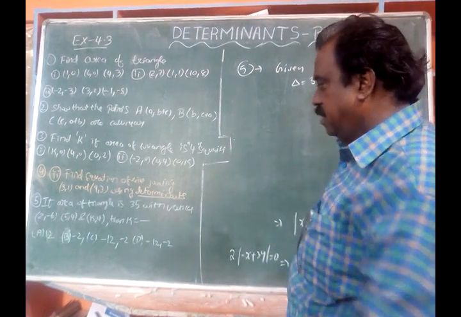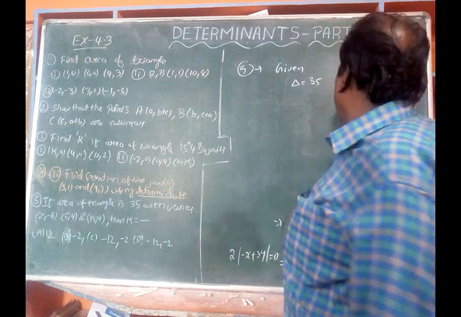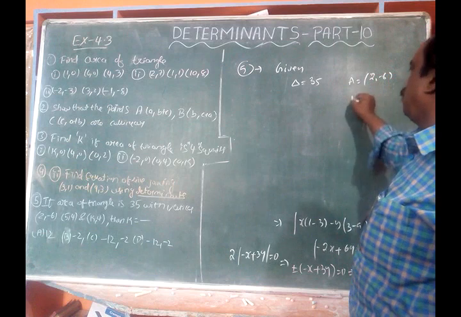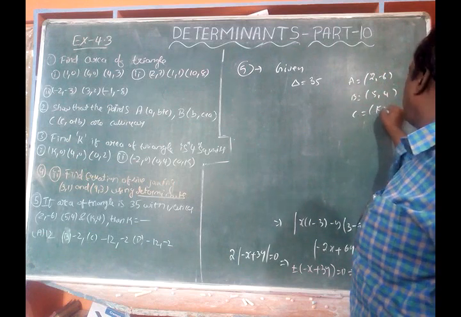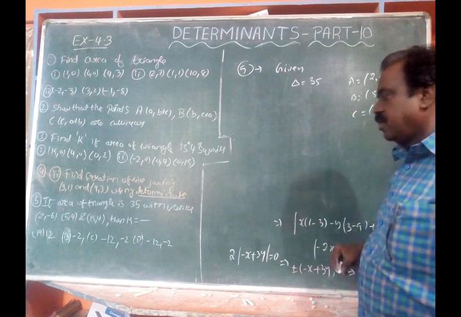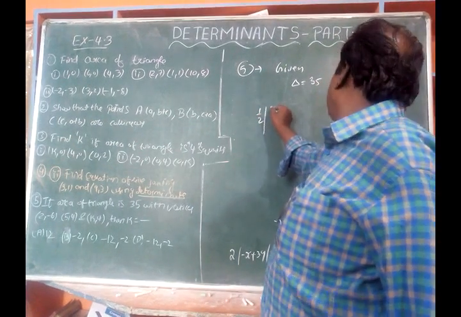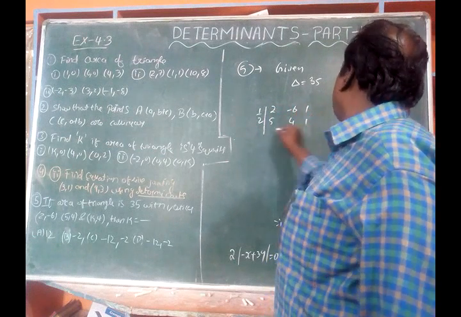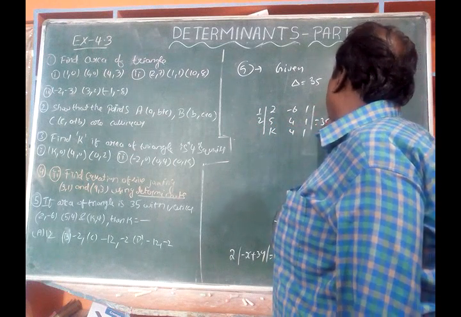The points are A (2, minus 6), B (5, 4), C (k, 4), and we have to find the k value. It is 1 by 2 with modulus |2, minus 6, 1; 5, 4, 1; k, 4, 1| is equal to 35.